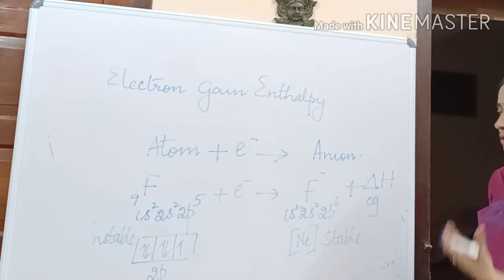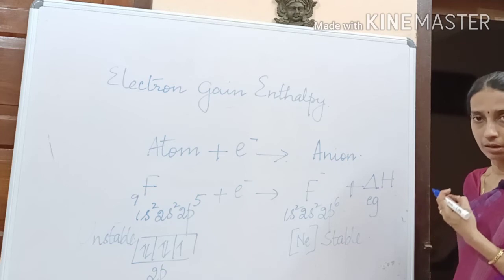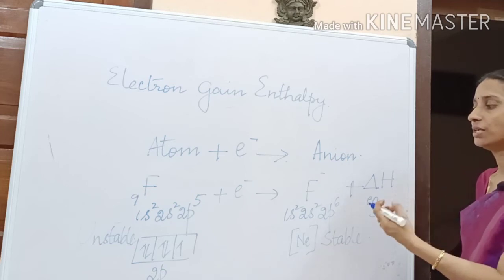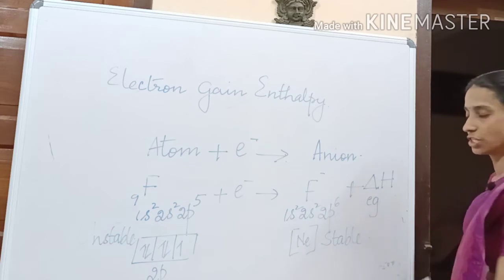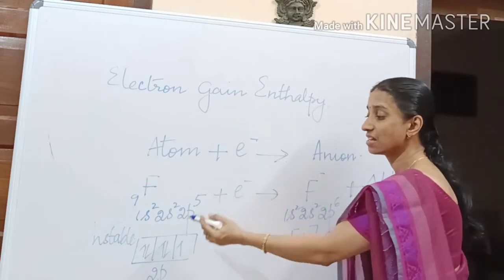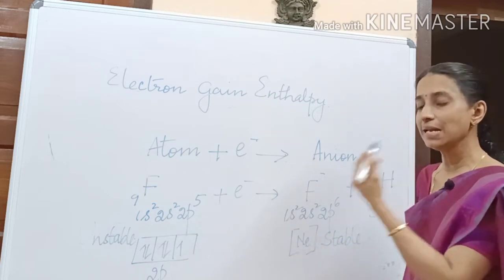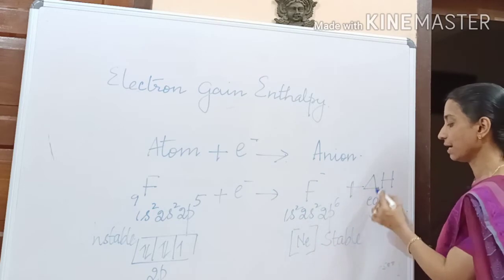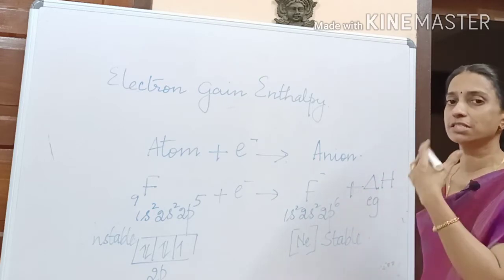Is it clear? So then you find that group 17 elements have a tendency to gain electrons and become more stable. By gaining 1 electron, the extra energy that was present earlier will be released, and the energy released in the process will be negative.